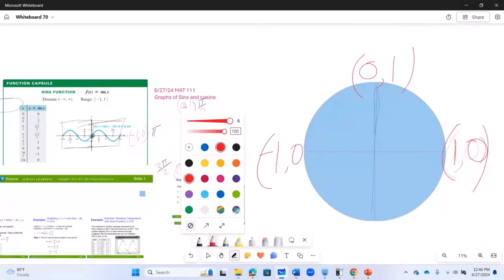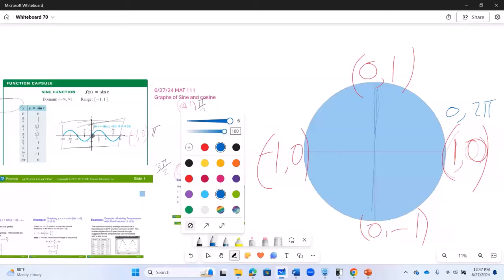So at the quadrantal angles, 0 and 2 pi are here. 0 degrees, 2 pi radians, because we're graphing. So when you're graphing, you better be in radian. Set your calculator in radian.